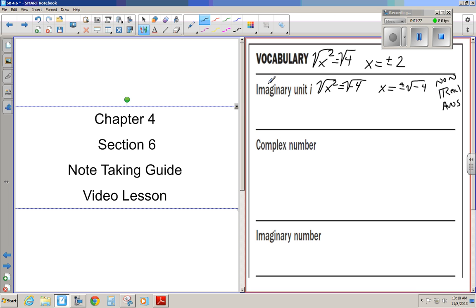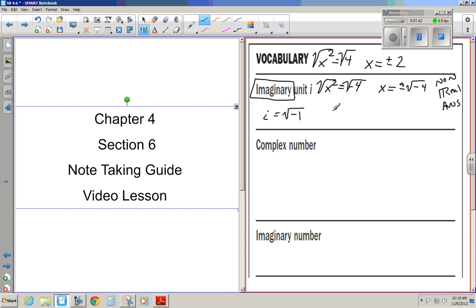So instead, they came up with an imaginary number set, meaning they came up with a set of numbers where you could actually do this. And so what i is equivalent to, i is equal to the square root of negative 1.